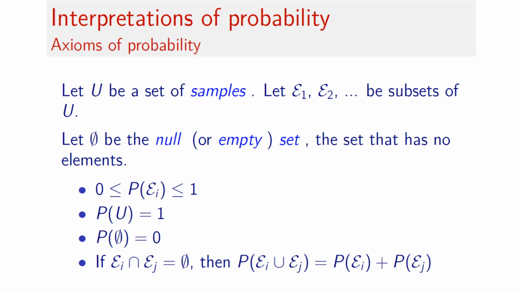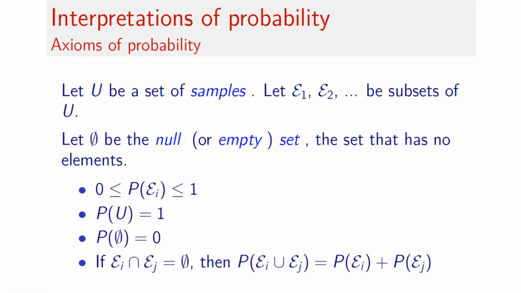The elements of U are called samples. For example, here we have epsilon 1, epsilon 2, and these events are subsets of the universe capital U.